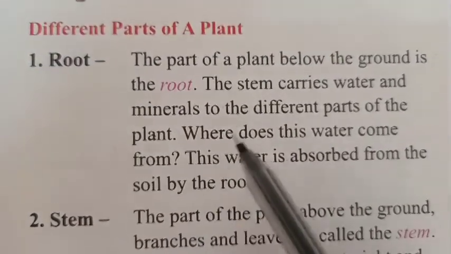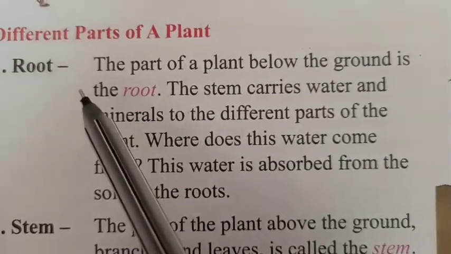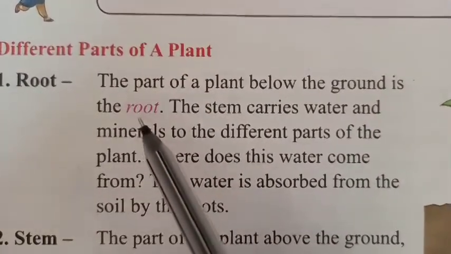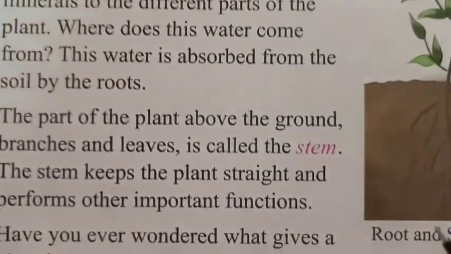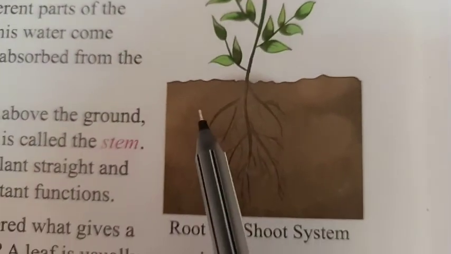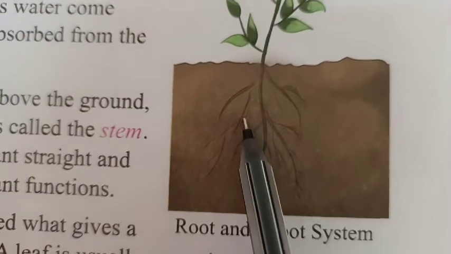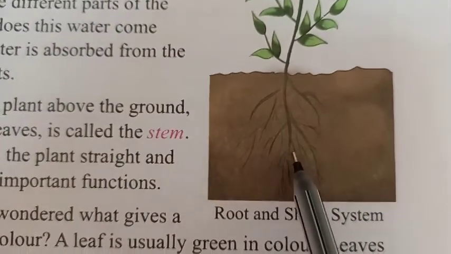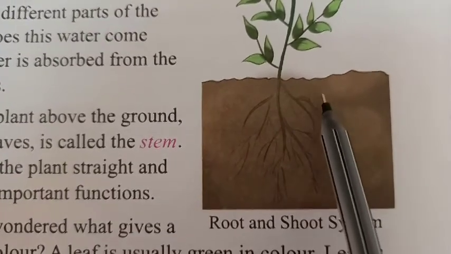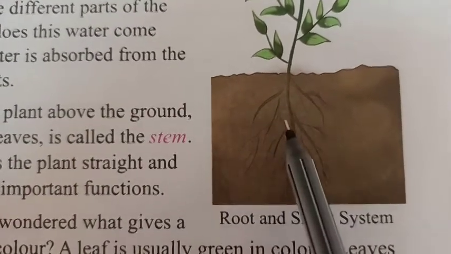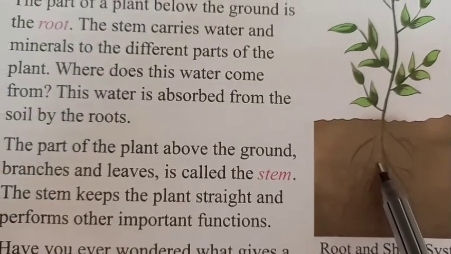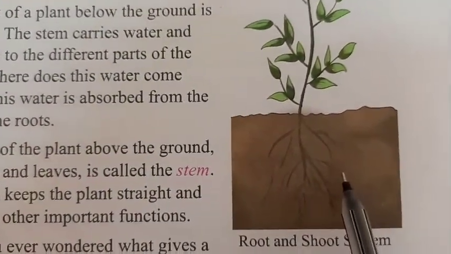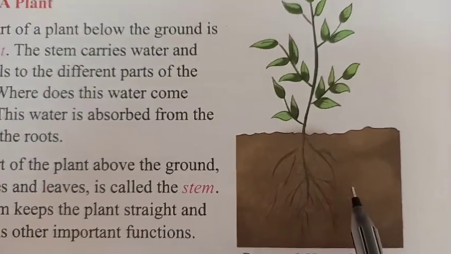Next part is stem. Here children, what they explained is that the roots are present under the ground; you can see in the diagram easily that these are all the roots, present inside the soil, and from there they absorb water and minerals.